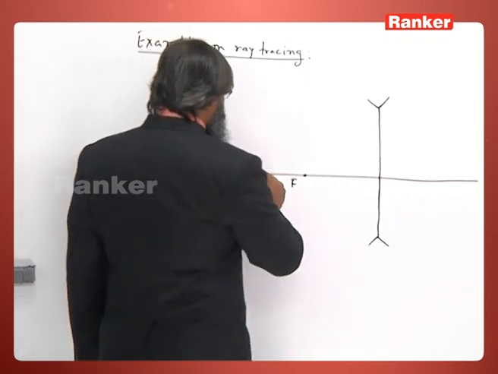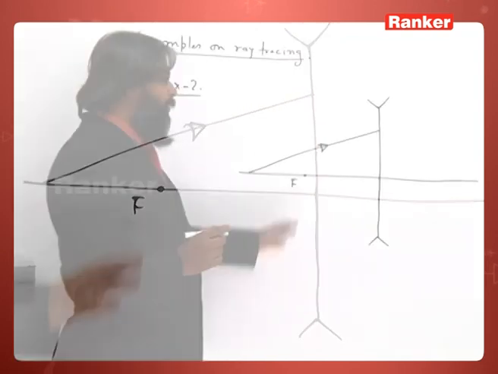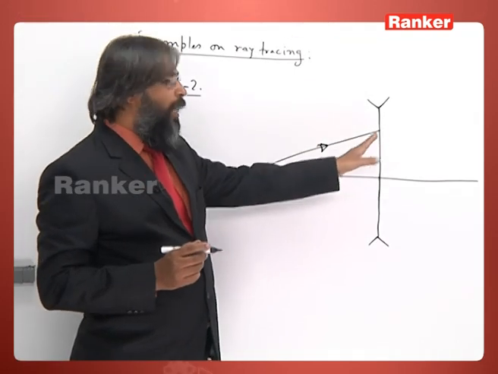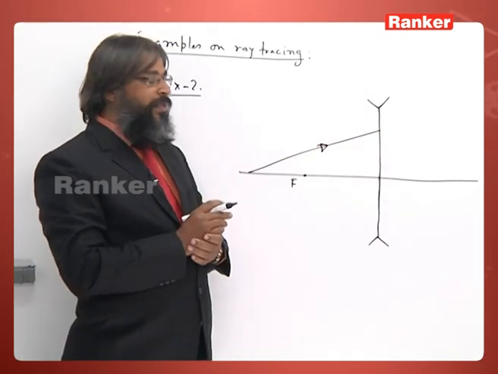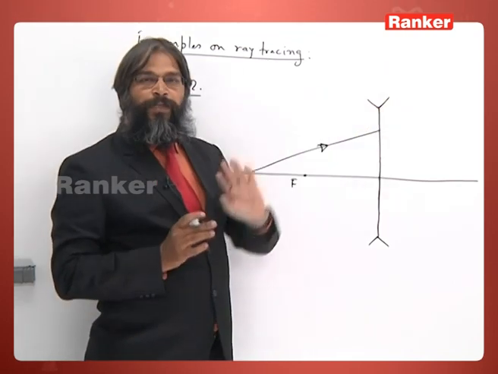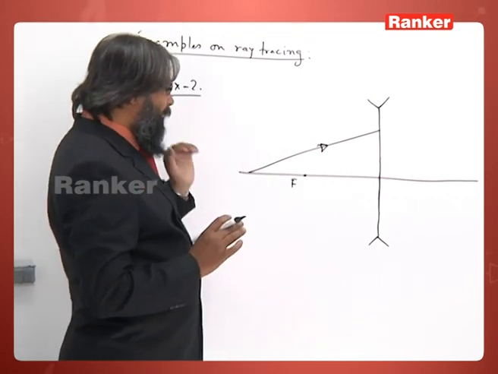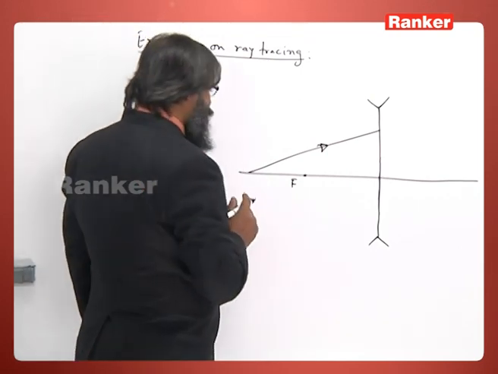We have a ray going like this. We have to trace out the ray after this lens, how the refracted ray will go into that medium. We have to geometrically trace the refracted ray.